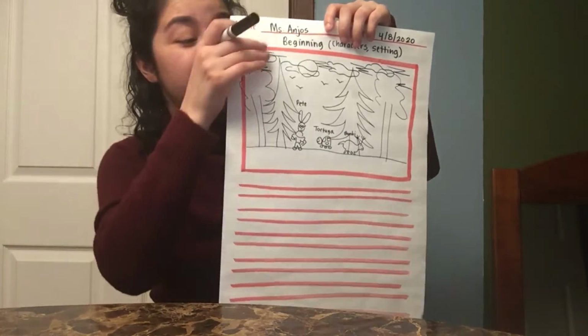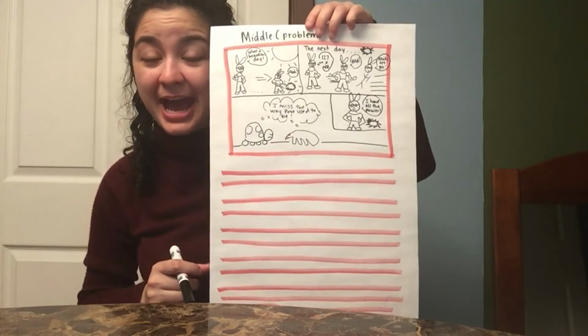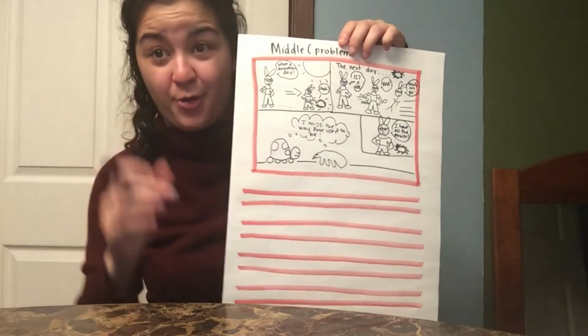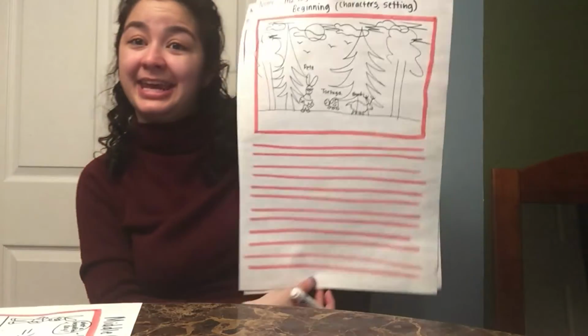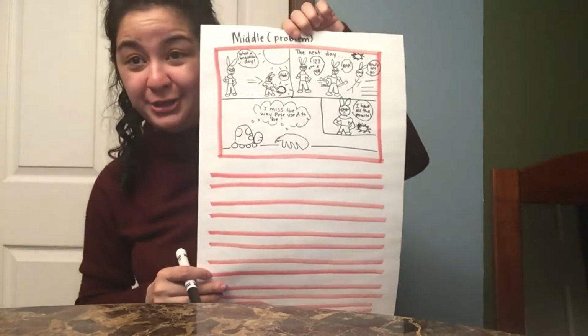Then, based on what we did here, you're going to write your middle page after on your own. All right? So first, together for the beginning, then middle on your own.